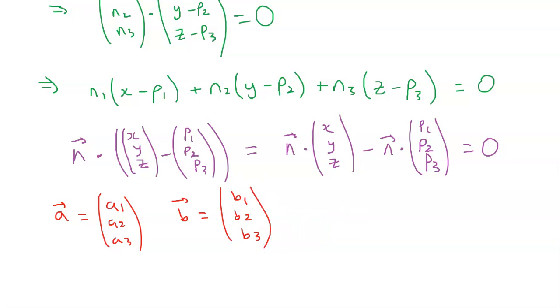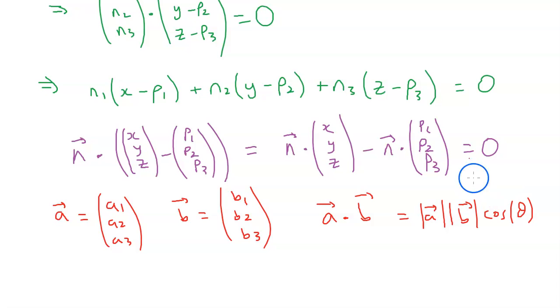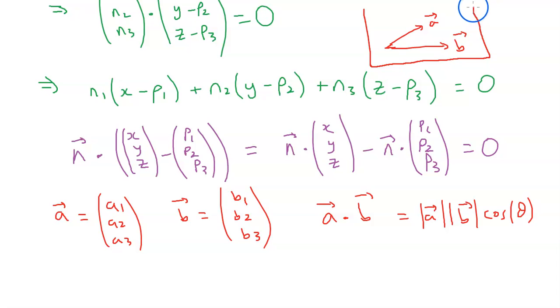Then we have A dotted with B is equal to the length of A times the length of B times cosine of theta, where theta is the angle between A and B, if you were to present them in the same flat two-dimensional plane.